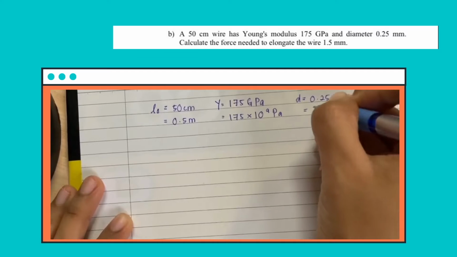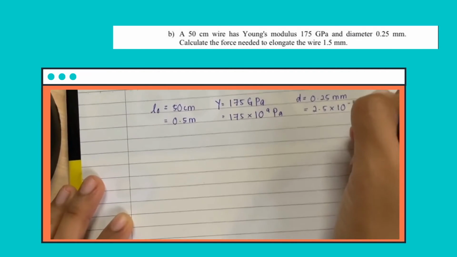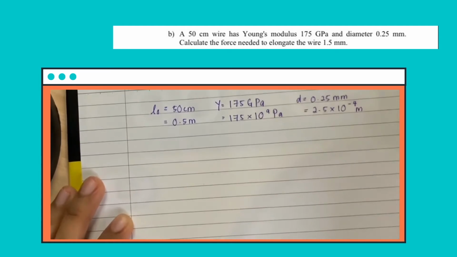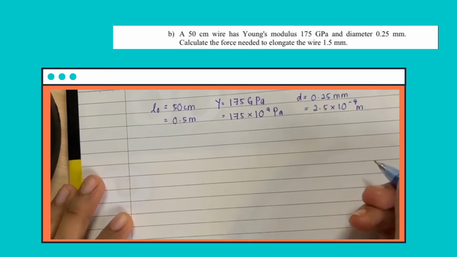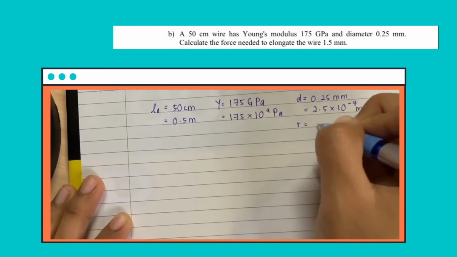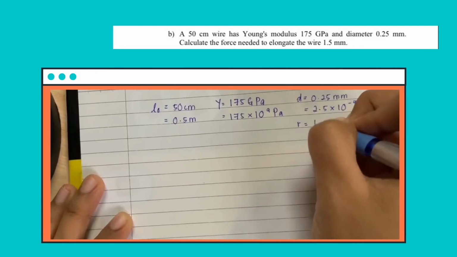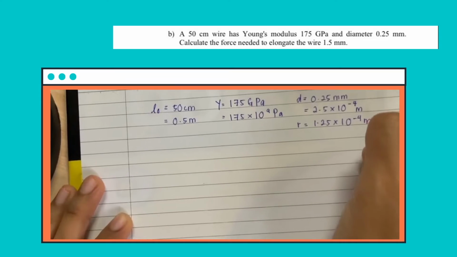Kepada meter akan dapat 2.5 times 10 negatif 4 meter. And then from diameter kita boleh dapat R. So R dia equal to bagi 2 je lah. So 1.25 darab 10 negatif 4 meter.